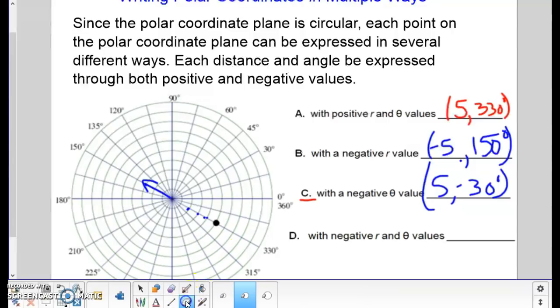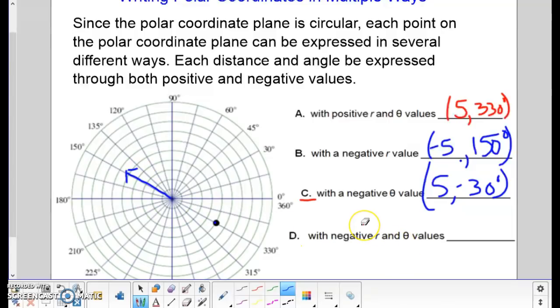The last one is with negative radius and a negative theta. Because I'm going a negative radius, I have to be looking away from the point. Here's my point, and I need to look away from it. So I'm looking this way, just like before.